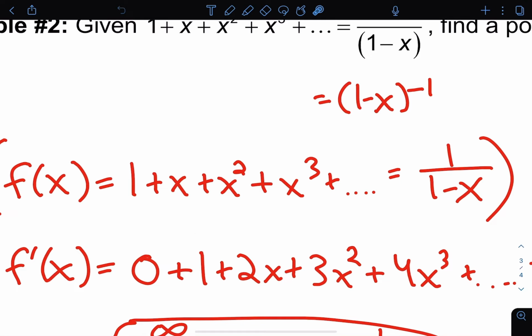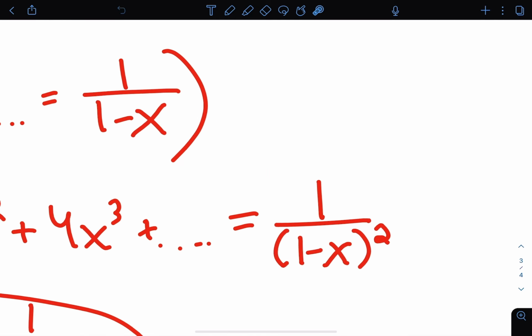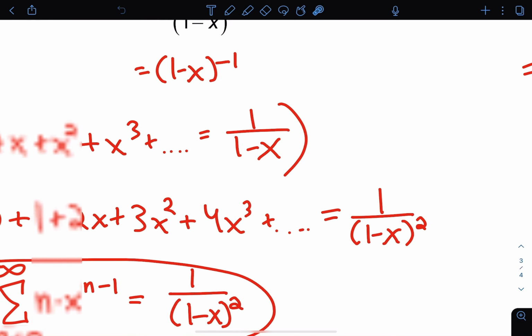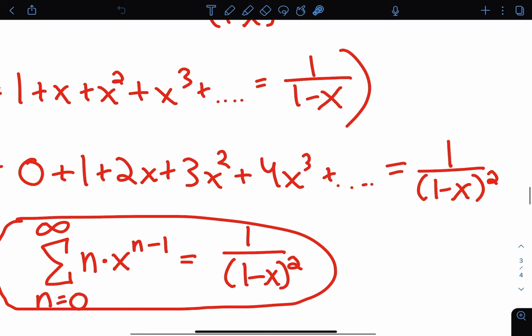And now, what's the derivative of 1 over 1 minus x? Well, if I do this correctly and apply the chain rule, I will get 1 over 1 minus x squared. Now, if I just look at the terms, derivative of 1 is 0, derivative of x is 1, derivative of x squared is 2x, x cubed is 3x squared.